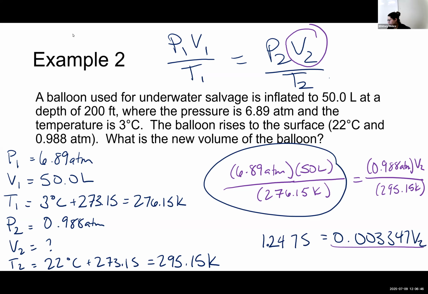And then you can just divide this on both sides. If you are very comfortable with your calculator, you don't have to break it up into 2 steps. You can do it all at once. It just depends on how comfortable you are and making sure that you do the right order.